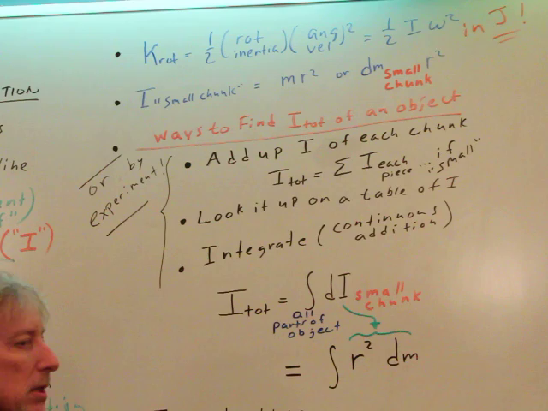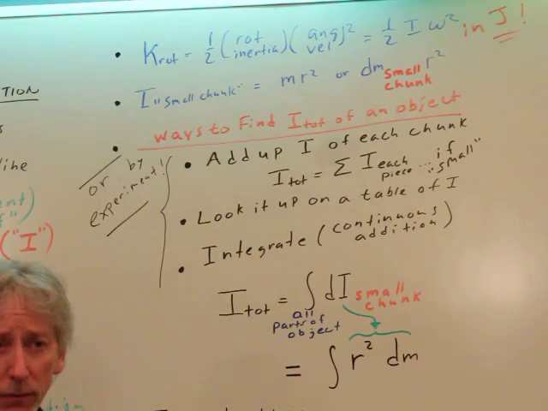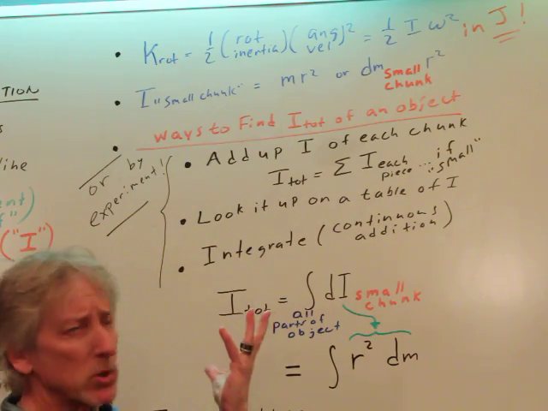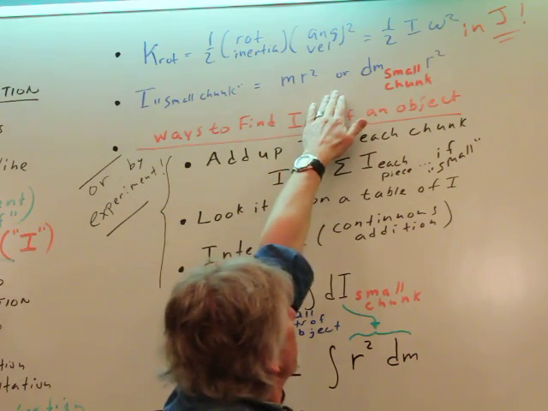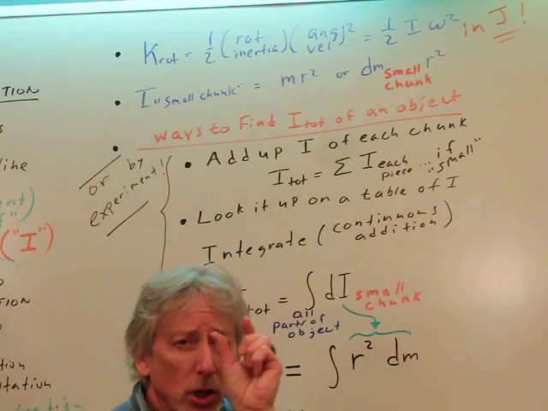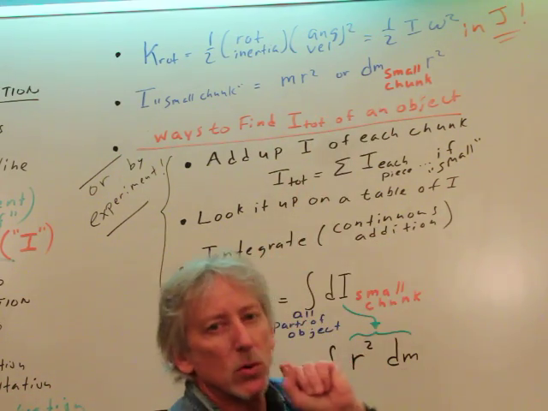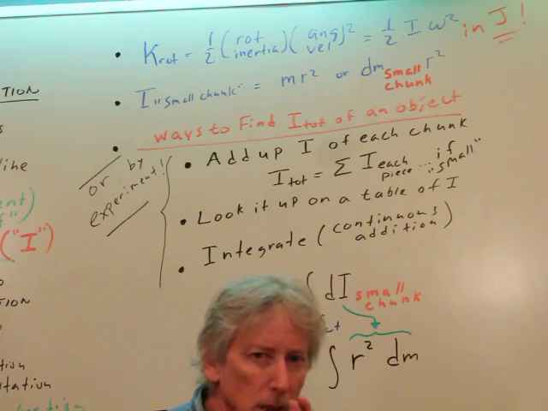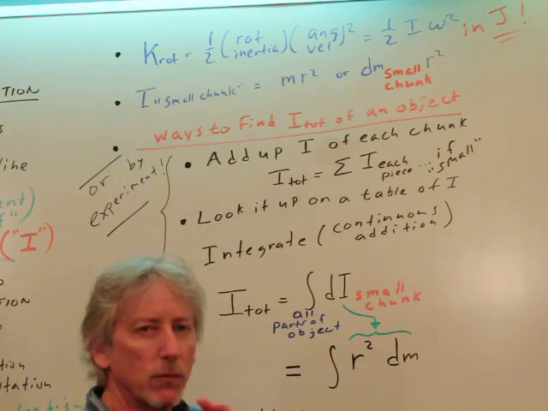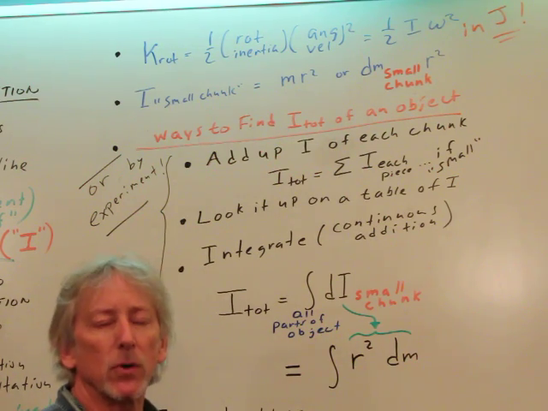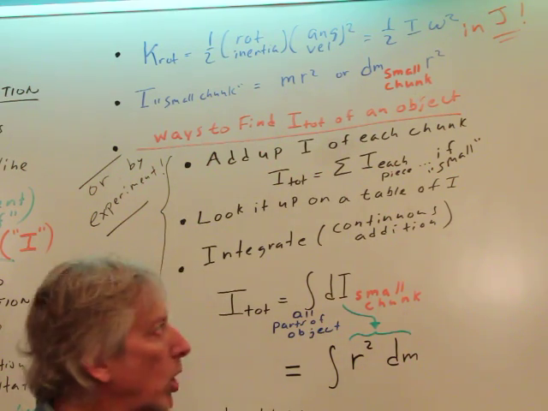Okay, why? Because you connect it with 1/2 mv squared. So just keep that fresh. That's why. It can seem abstract, but it's not so. Or for a very small chunk in the limiting case, we say dm. So d is not delta m, it's dm, which for physics we'll use this. You'll use dq for electrostatics for a little bit of electric charge.